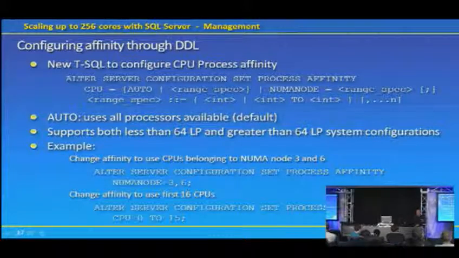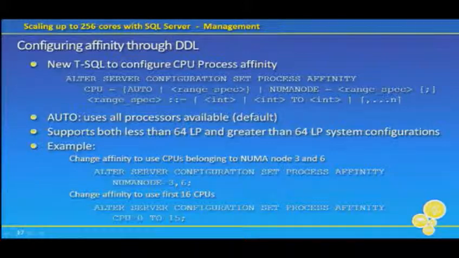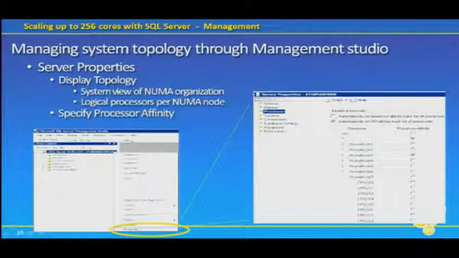We'll go through this pretty quickly. Actually I should have mentioned that there is a very easy way to set affinity here also, on a per instance basis. So for each instance, inside Management Studio looking at that instance, you can set the affinity by core here.